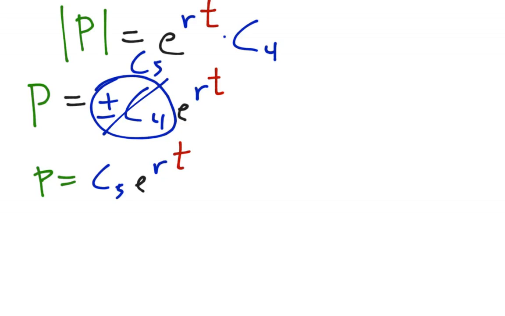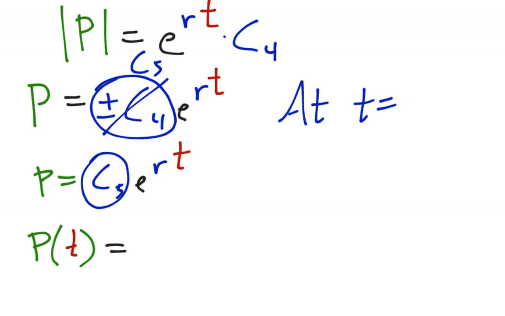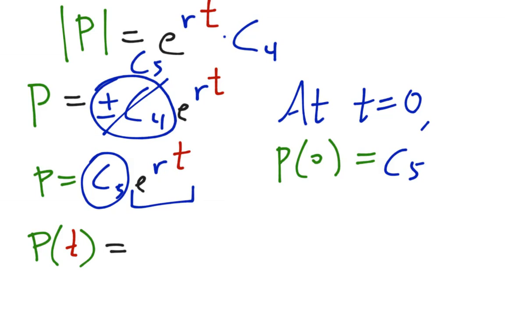All right, and then really this P is a function of t, so we can call it P of t, and then is equal to, now, here's the cool part. C5 is a constant, and essentially what this means is that at t equals 0, the population at 0 is going to be equal to C5 because this whole thing is 1 when you plug in t equals 0.